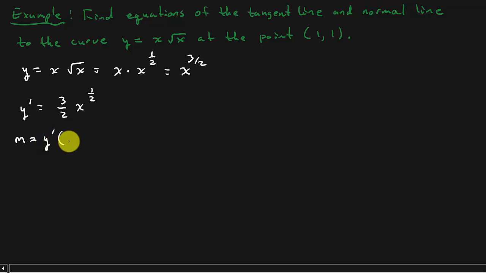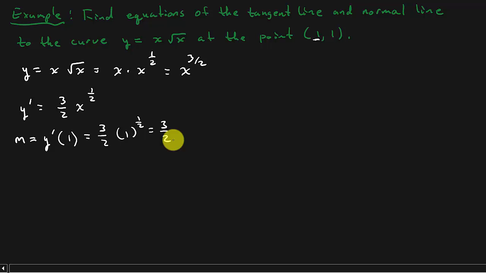That is just the first derivative evaluated at the point. I only have an x value here, so I'm just going to plug in the 1, because it's the x value. So y prime of 1 is 3/2 times 1 to the 1/2, which is just 3/2.